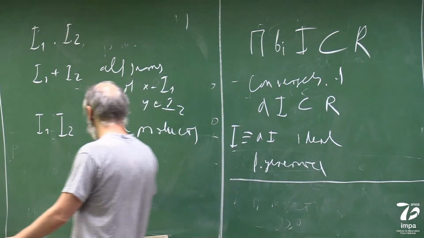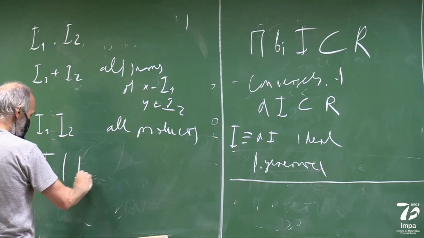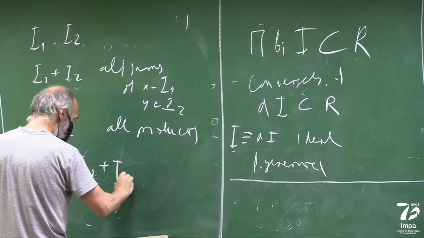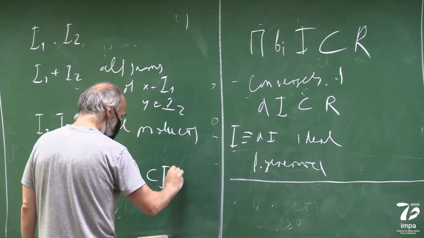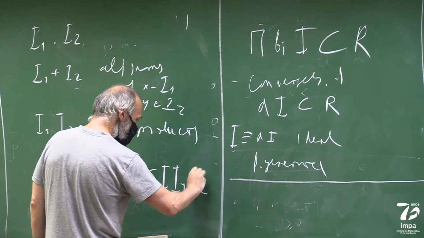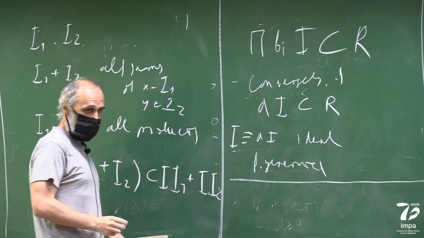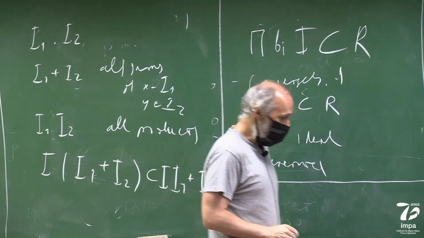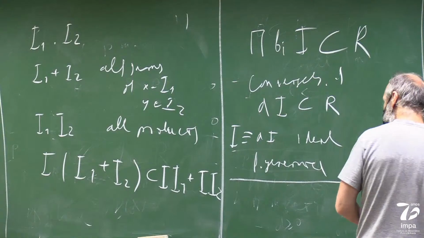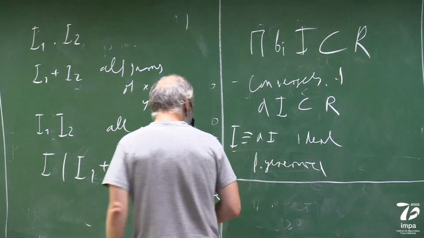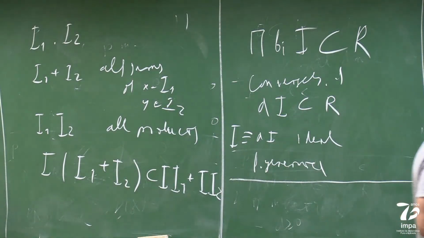You would have things like I times (I1 plus I2) belongs to I1 plus I2. So this is really similar to numbers in that sense. Okay, so now we're interested in intersections. It's an operation which you, of course, don't have for numbers, but it still works for intersections.